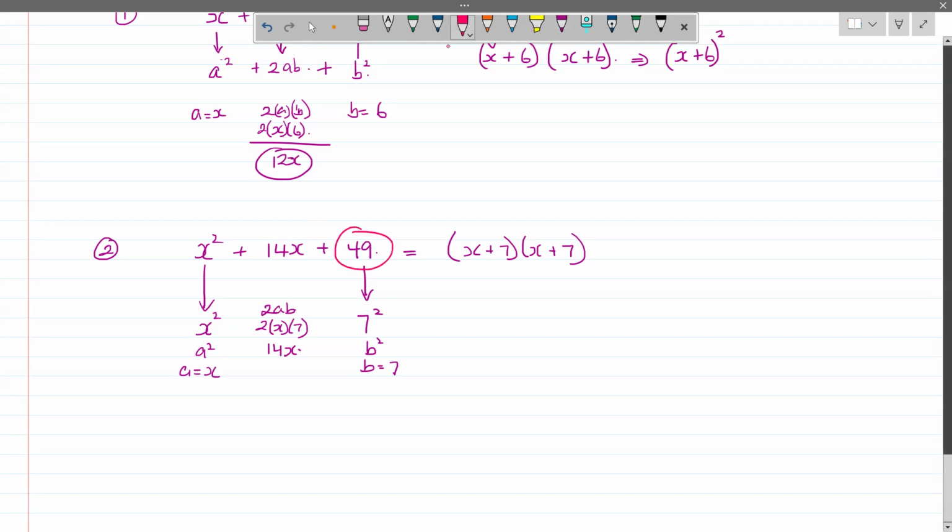And then the last thing you're looking for is that your 2ab in the middle is actually the product of whatever a is and whatever b is, multiplied by 2. Everybody understand that? So the most important thing is that to be able to recognize a perfect square, we need to remember that the format is a squared plus 2ab plus b squared.